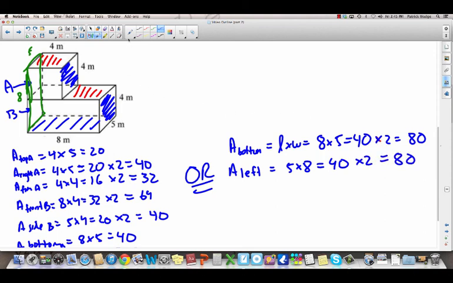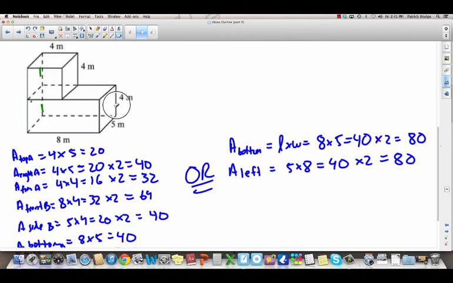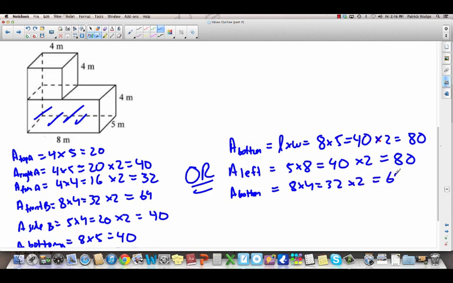Okay, what do we still need to do? We still need to do front and back. For front and back, this is like an L shape. We don't have any single formula for the L shape, so you're going to have to do the same thing we did before. The area of the bottom part of the front is 8 times 4, which is 32, and there's 2 of those because there's also the back.